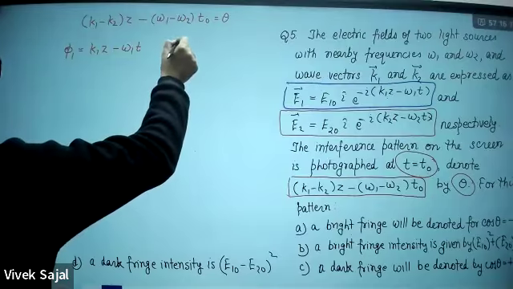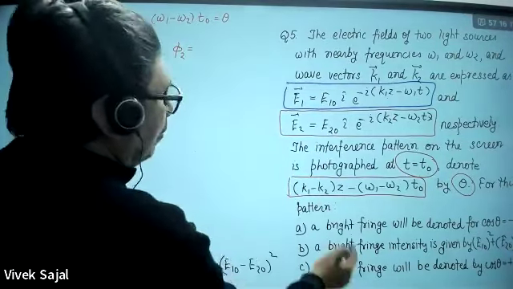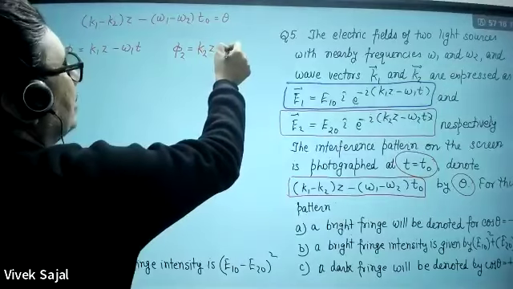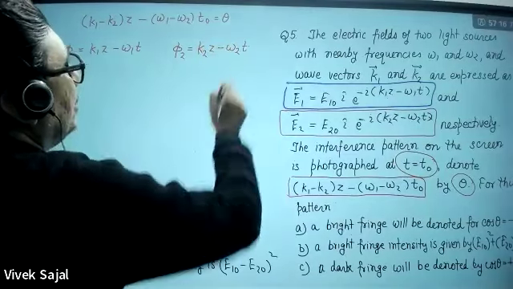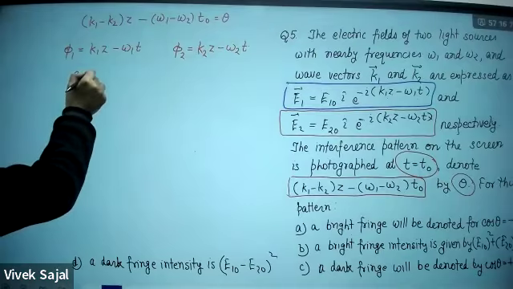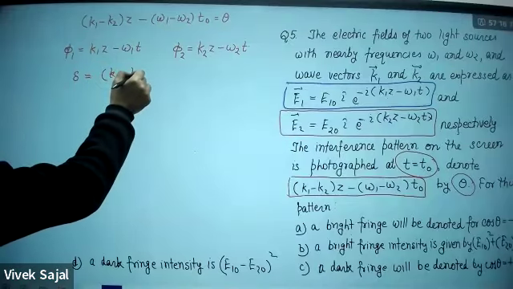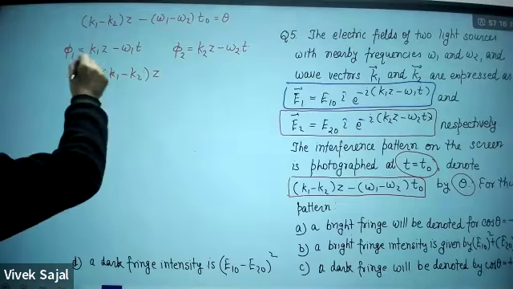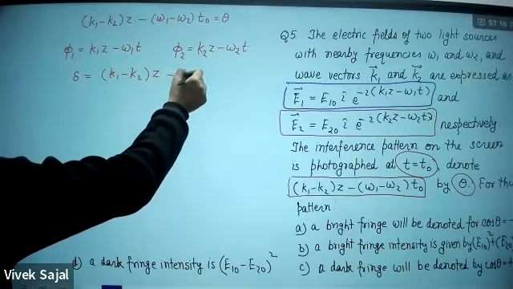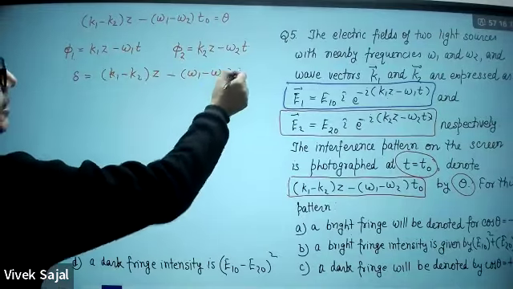Phi 2 for the second wave is k2z minus omega 2t. So these are the phases. The phase difference delta, phi 1 minus phi 2, will be k1 minus k2 into z minus omega 1 minus omega 2 into t.